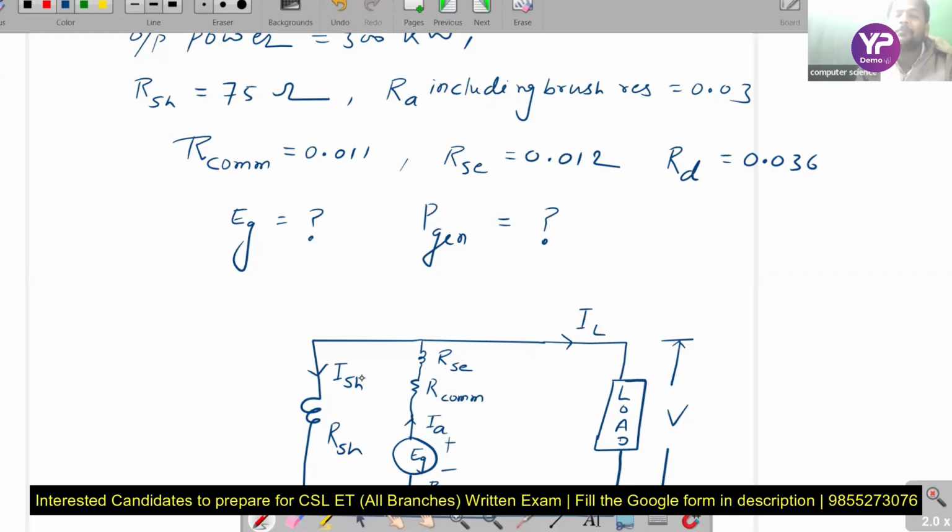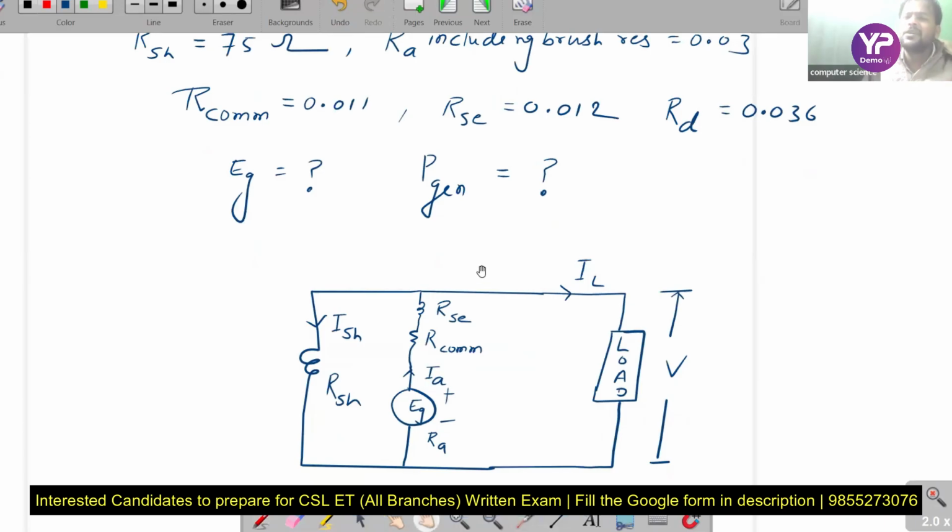You remember that? First we say commutating field winding resistance is connected in series with the armature, and diverter resistance is used to adjust the terminal voltage of the machine, and this resistance is always connected across the series field winding. Regardless of the position of the series field winding, it does not depend.